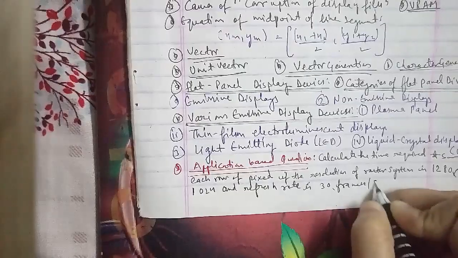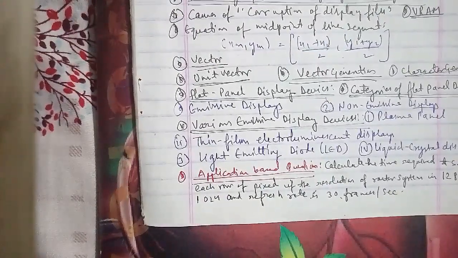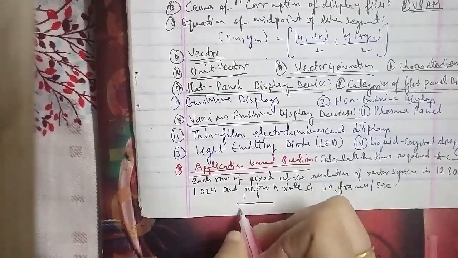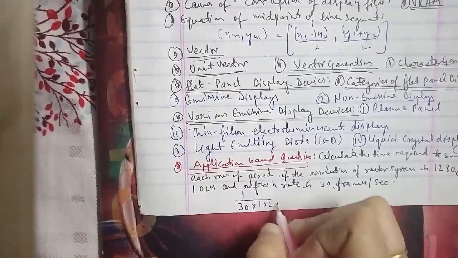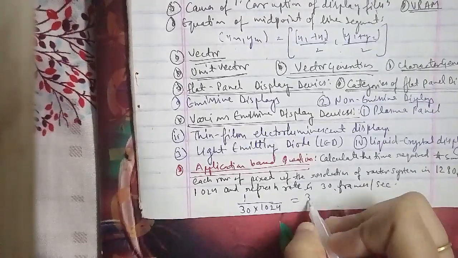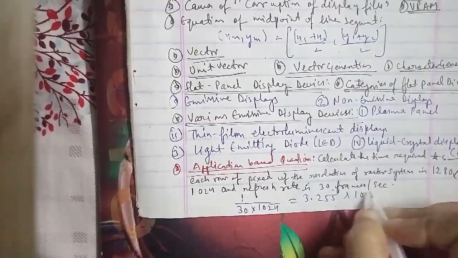So the time required to scan each row of pixels is 1 upon 30 into 1024, and that is equal to 3.255 into 10 to the power minus 5 seconds.